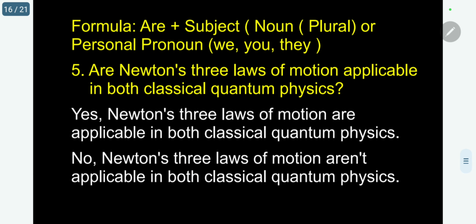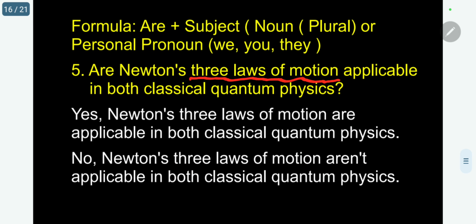Are Newton's three laws of motion... Newton's three laws of motion come under physics: first law, second law, third law. Are Newton's three laws of motion applicable in both classical and quantum mechanics?